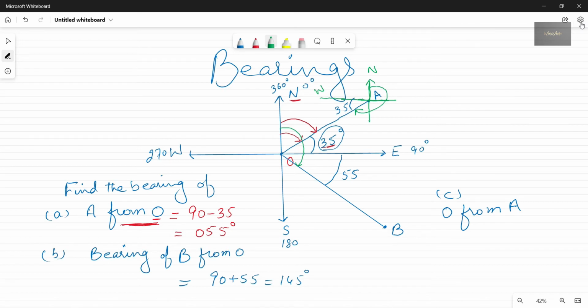Okay, and if I subtract 35 from 270, I'll get this backside angle, right? So my answer is simple. It's 270 minus 35. Your answer is 235. 235 degree is your bearing for A from O, right?